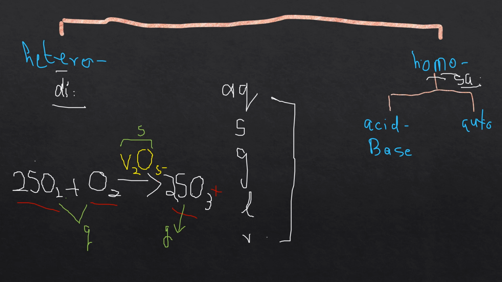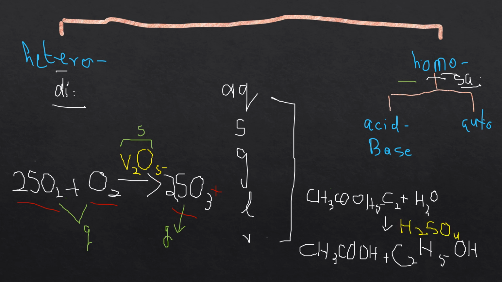But if we have a look at homogeneous catalysis, let me take a common example, the catalysis of ester hydrolysis, in which CH3COOC2H5 reacts with H2O in the presence of the catalyst H2SO4, producing acetic acid plus C2H5OH.